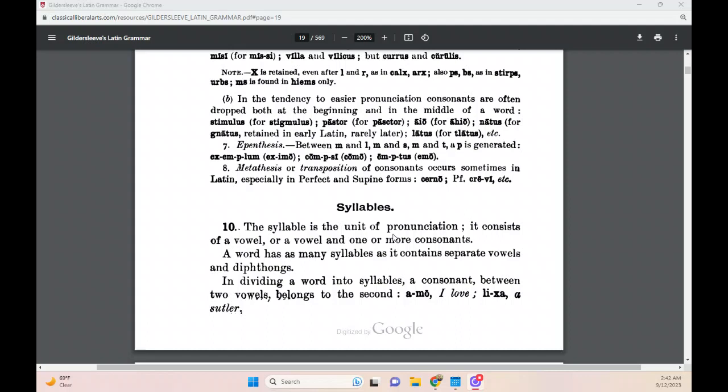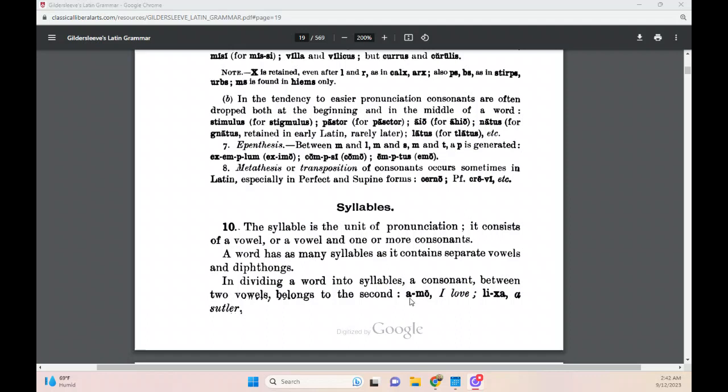Now, when we get into the parts of a syllable, how a syllable is actually made, we read here that a syllable consists of a vowel. The reason our lesson says that is because we can have a syllable that is simply a vowel. We have an example right here. In the Latin verb amo, the first syllable is simply one vowel.